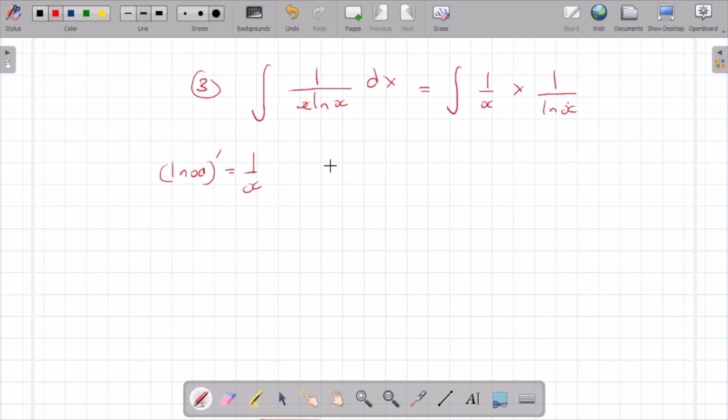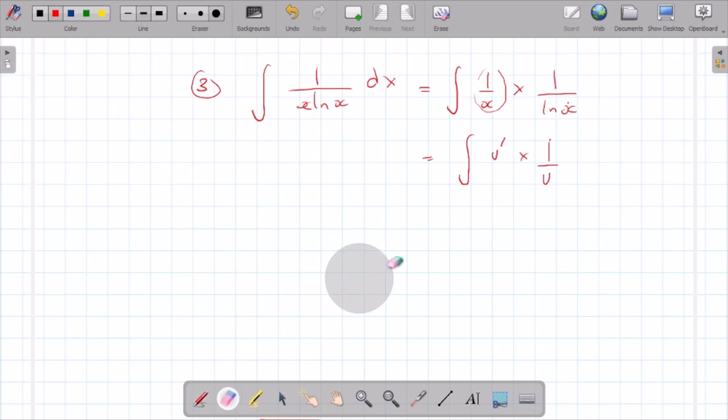So our function is already in the desired form. This 1 over x is our u prime, and natural log of x is u. So it's already in the desired form, u prime over u.